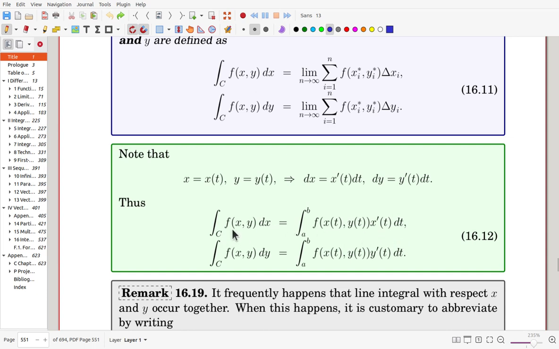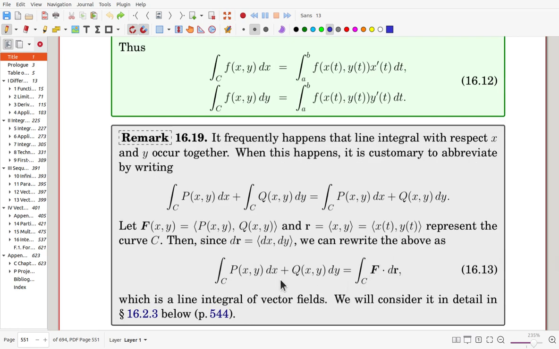The integral over C of f(x, y) dx is the integral from a to b of f expressed as a function of t, times x prime(t) dt. For the integral with respect to y, we use y prime(t) rather than x prime(t). This equation is a definition. Now this one is for calculation. By using these formulas, you can get the integrals.